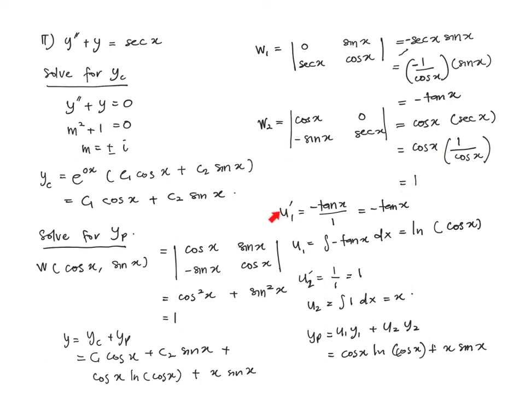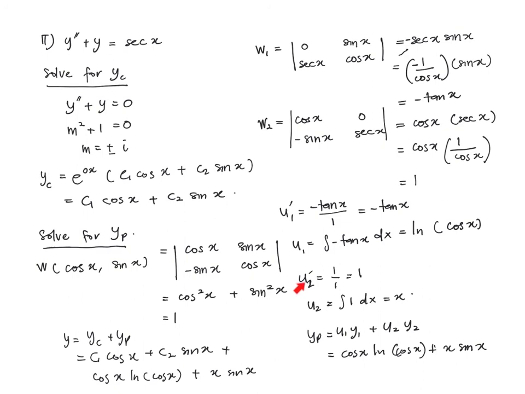Okay, next find u1 prime. The formula is W1 over W. Okay, then we get negative tangent x. So, find u1 by integrating u1 prime, then we get ln cos x.